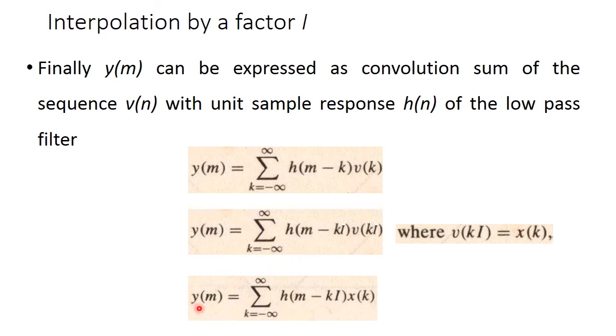Hence the final output y of m in the time domain is the summation k equal to minus infinity to plus infinity h of m minus kI into x of k. So this is the process of interpolation by a factor of I.